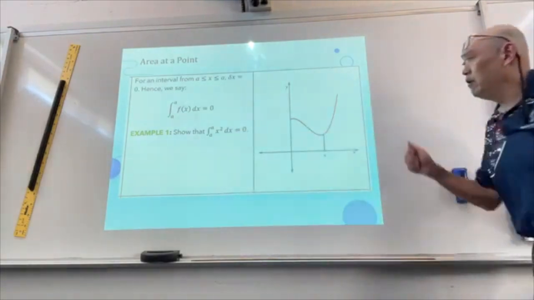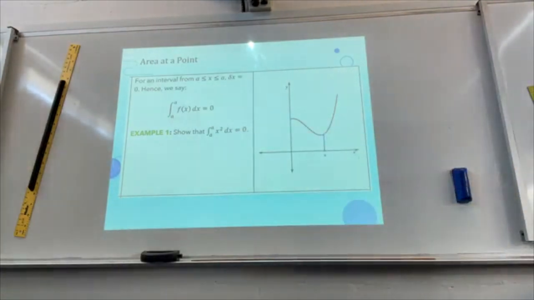So for an example, try using the one I have for you: integrating from a to a of x squared dx. What do you get? Why is it zero? You should be able to do the integration straight away. x squared integrates to x cubed over 3, correct?